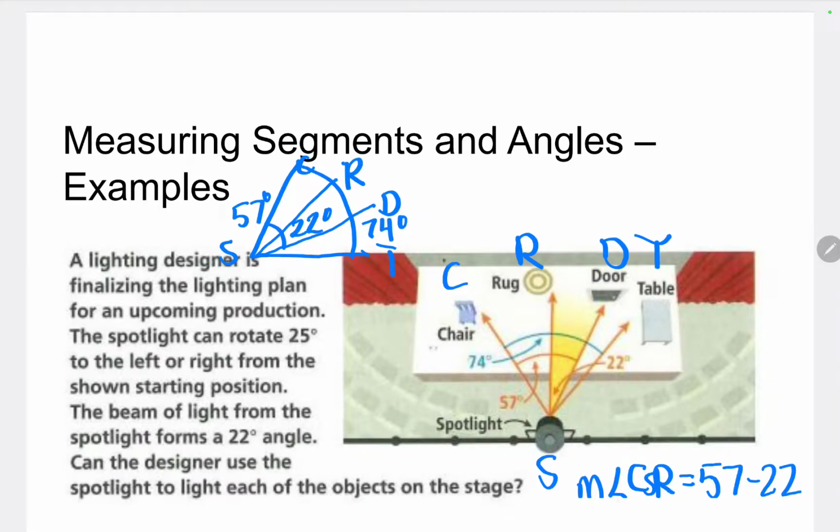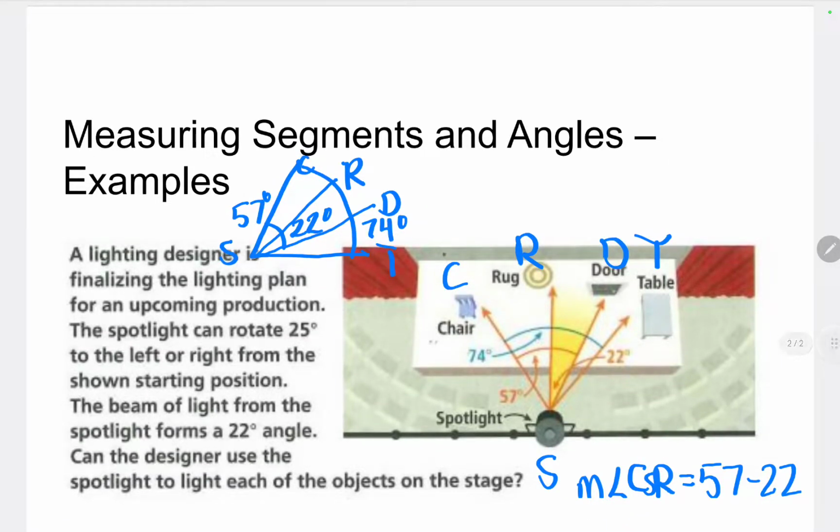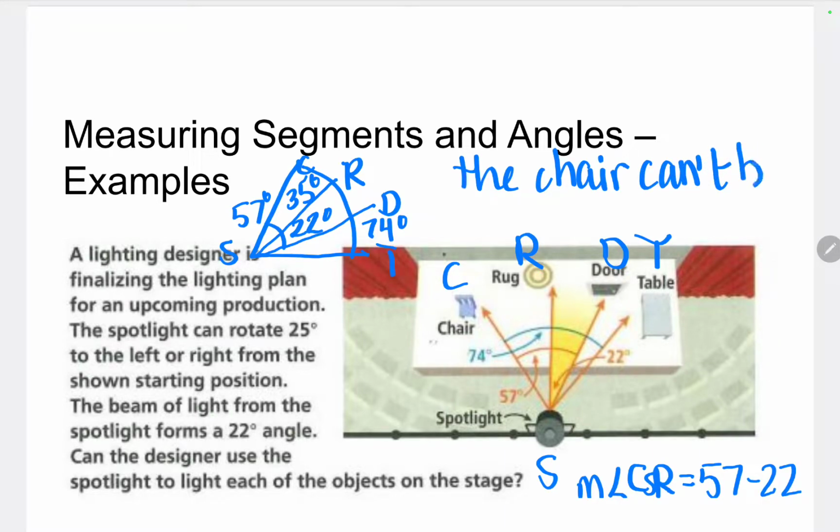Well, 57 degrees minus 22 degrees is going to be 35 degrees. So 35 degrees right here, that is unfortunately too large for my spotlight, so I can say right away the chair cannot be lit.